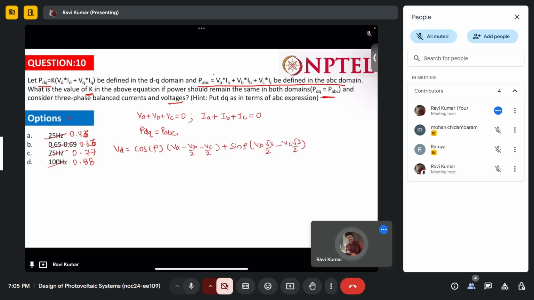So it's like from ABC to alpha beta and from alpha beta to DQ. So it is a direct conversion from ABC to the DQ form.